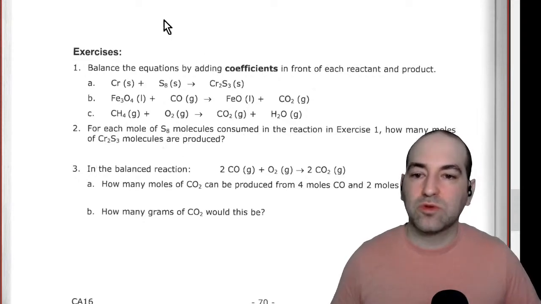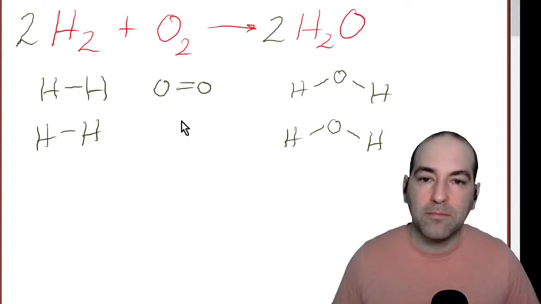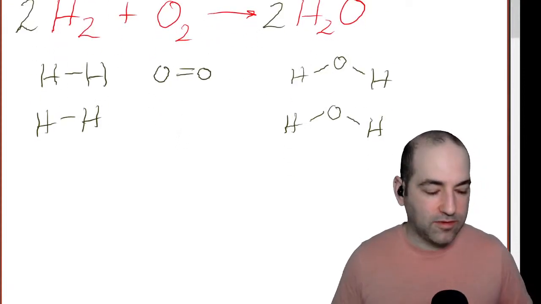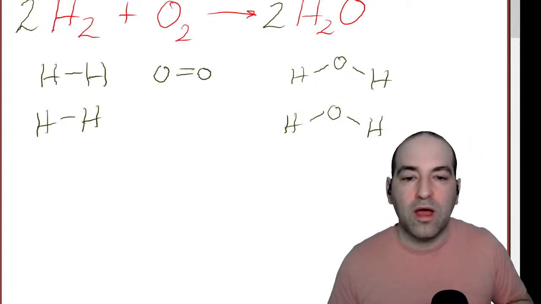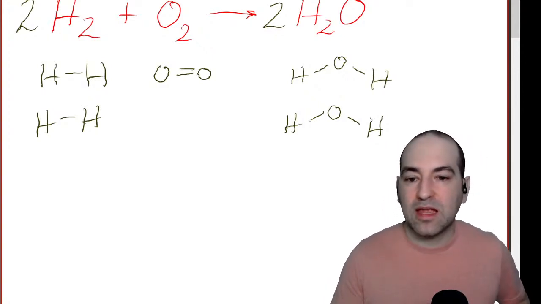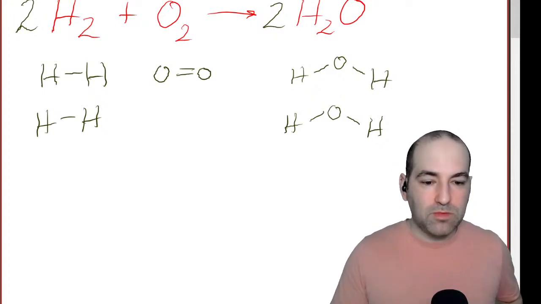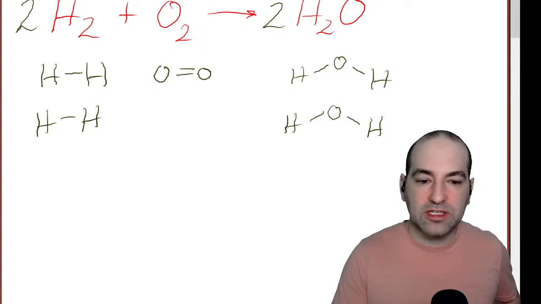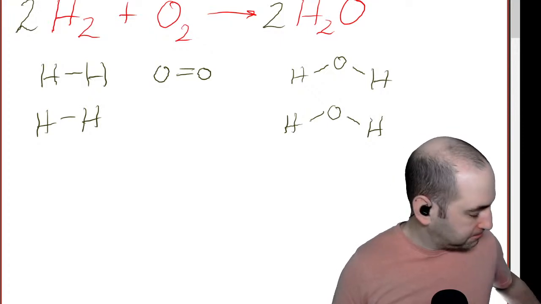But I want to show you the actual procedure for balancing equations, because while this works for very simple ones where you can just look at it and go, oh yeah, I need one more of those, when they get a little more complicated, that no longer works. So let's talk about how to balance equations in a systematic way, where you're working through it in a way that makes sense.